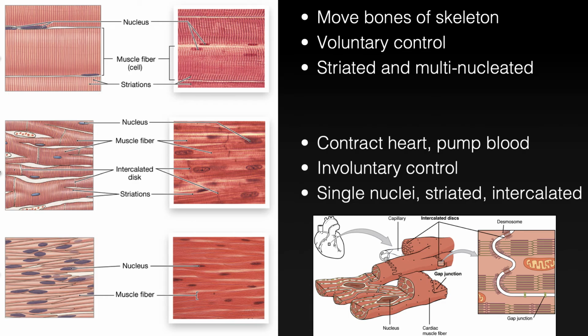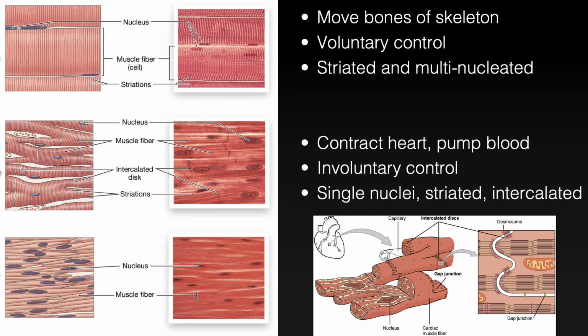Remember, gap junctions were holes in the membrane. Ions could pass through, different substances might be able to pass through depending on how big the hole is, and it connected the insides of two neighboring cells. You really want to do that in the heart.